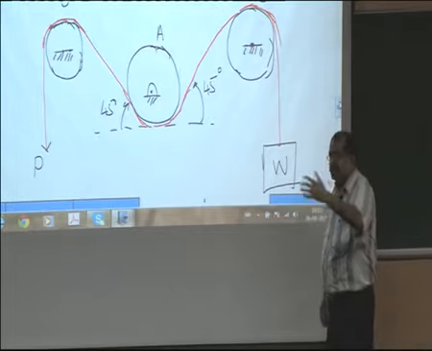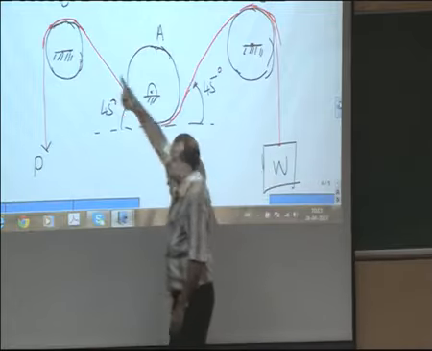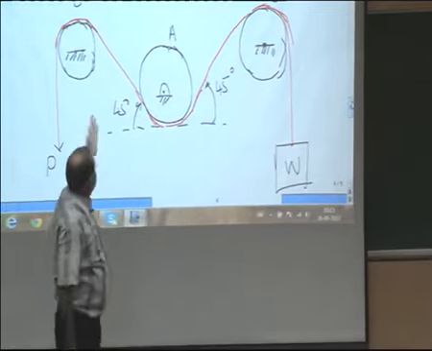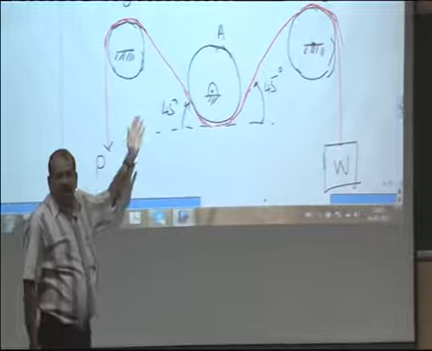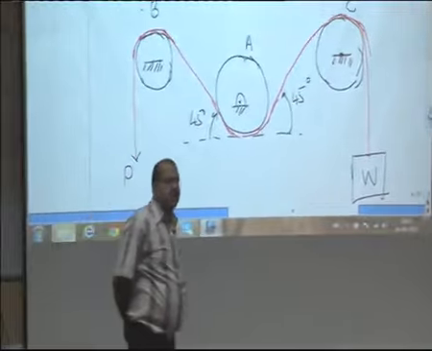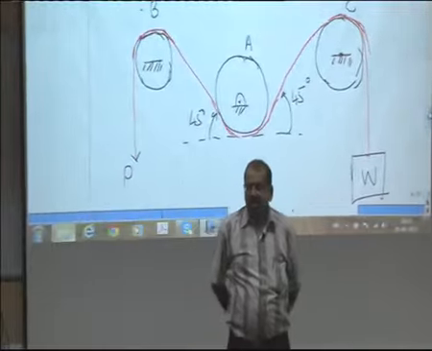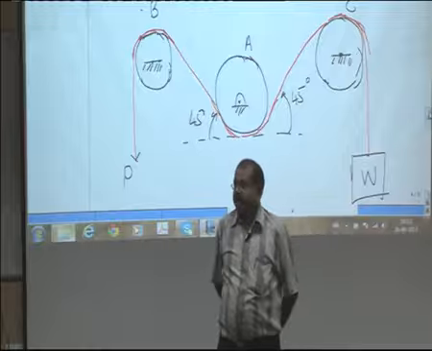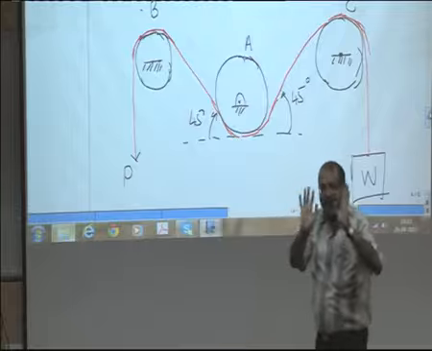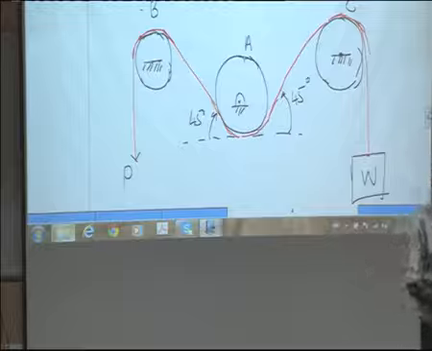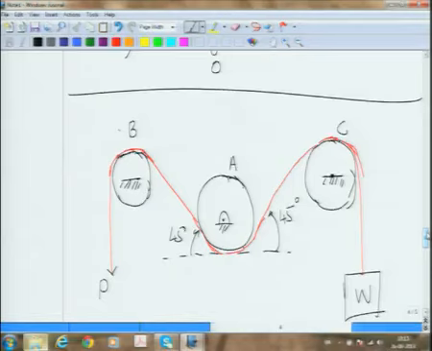We are doing this analysis in our head. Now, what about these two pulleys? In pulley A, which tension will be bigger? Think about it, and that is the key part. Some of you have got the right answer, but what happens in the middle pulley? The middle pulley is free to rotate.